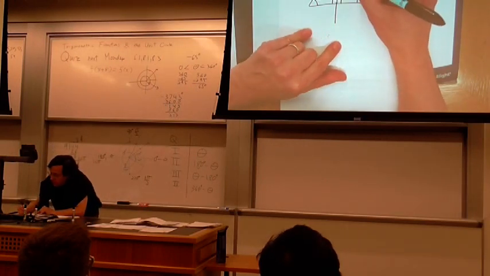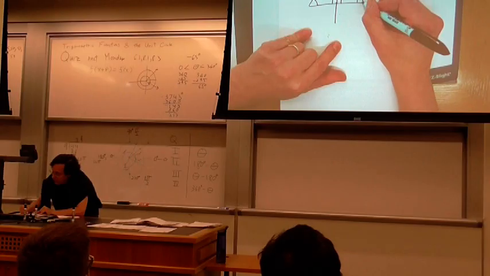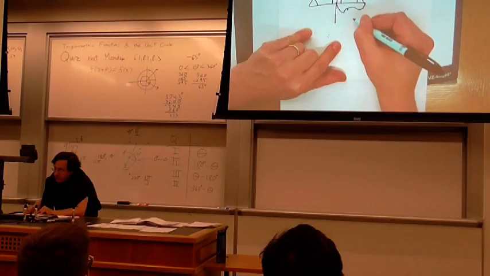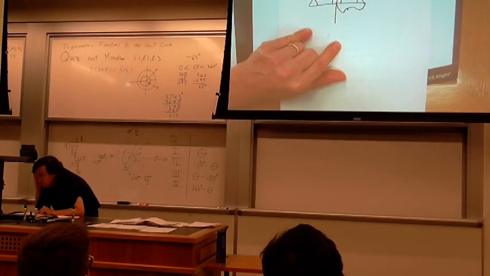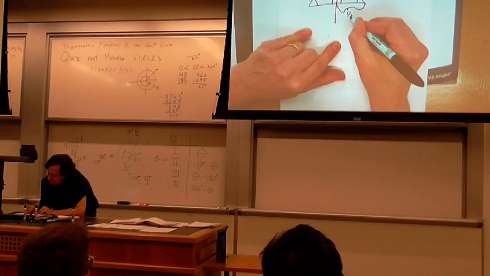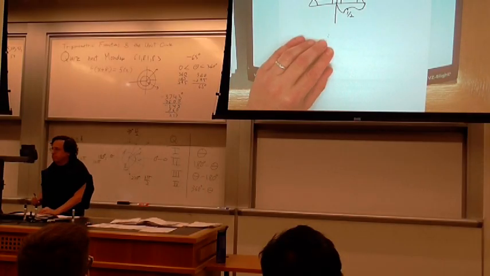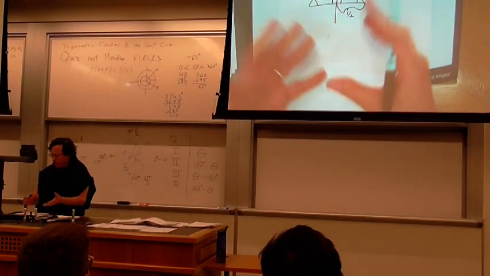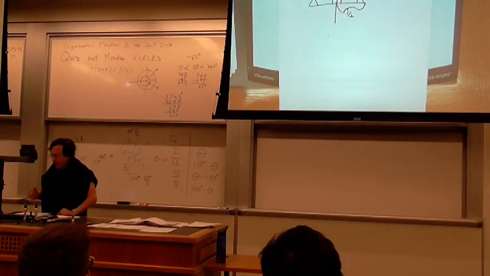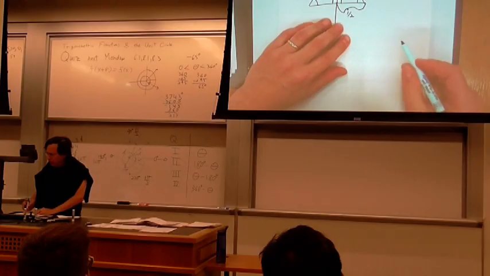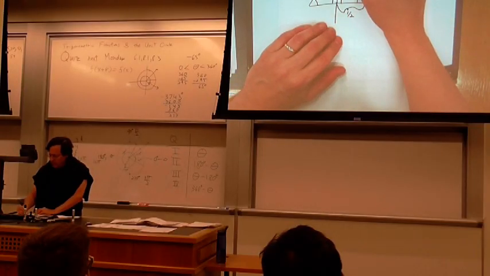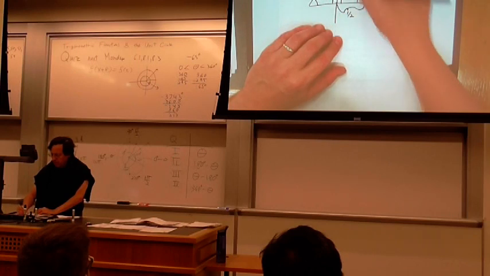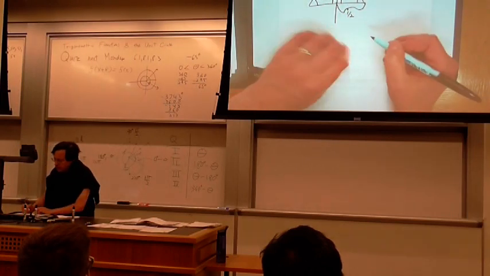Now, we know that the side is 1, so the base here of this half triangle now has to be 1/2. You can do this. Think about this. This is all very straightforward. So now, the only thing we really need that we don't have, what's the height of this leg here? What's the height of the triangle?